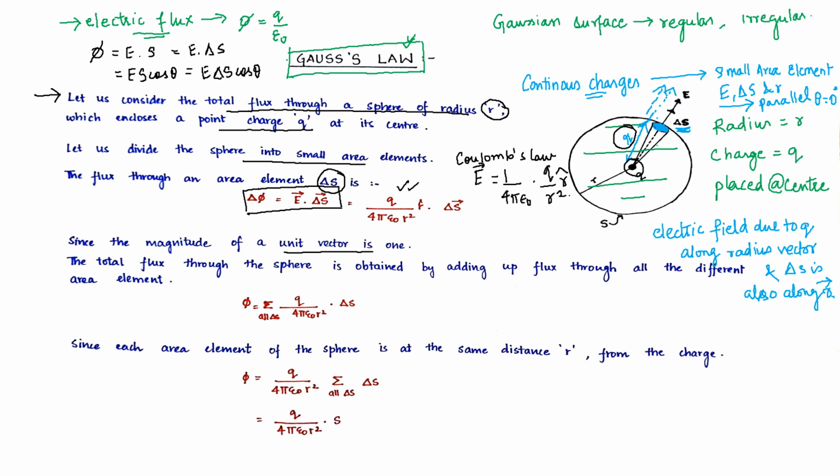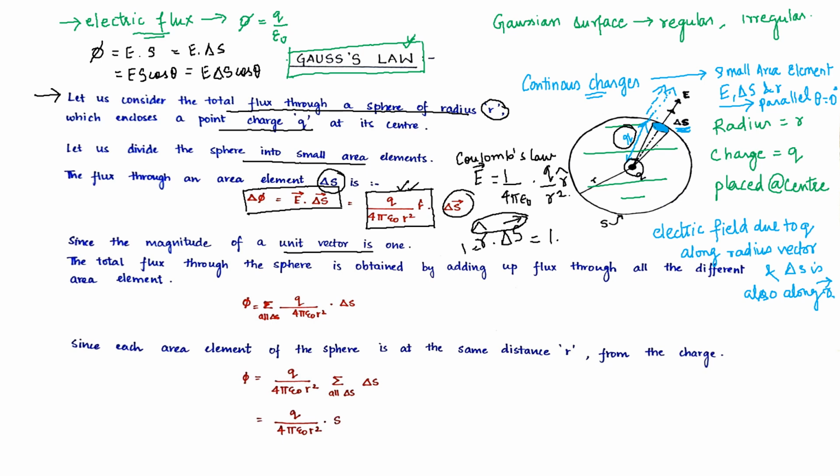So here we have substituted the value of E from Coulomb's law, and this is del S as such. Here R cap dot del S shows a dot product relation, and as we go ahead, we can simply remove this vector format.